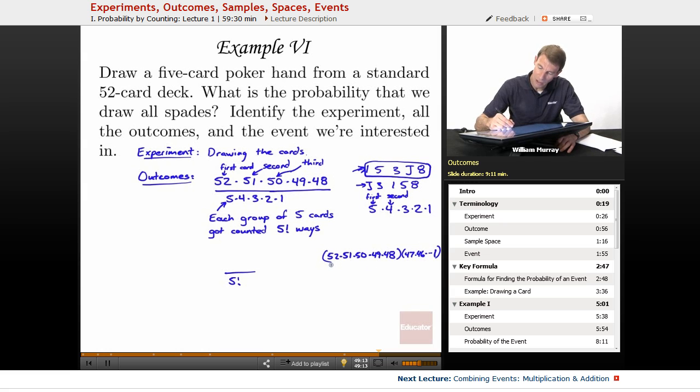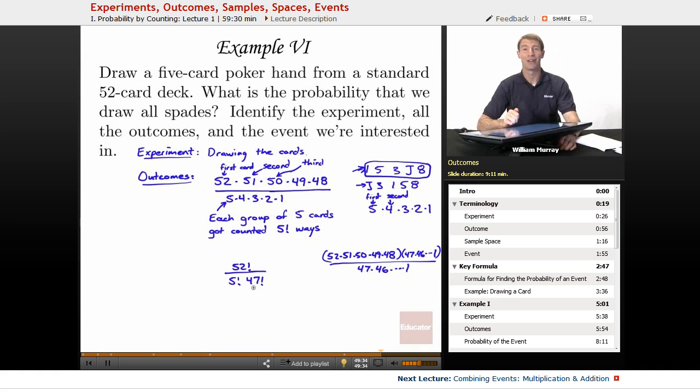And if I just multiply those on, I have to divide them out again. So 47 times 46 on down to 1. And so another way to write that is as 52 factorial divided by 47 factorial. So that's another way to list the total number of hands.